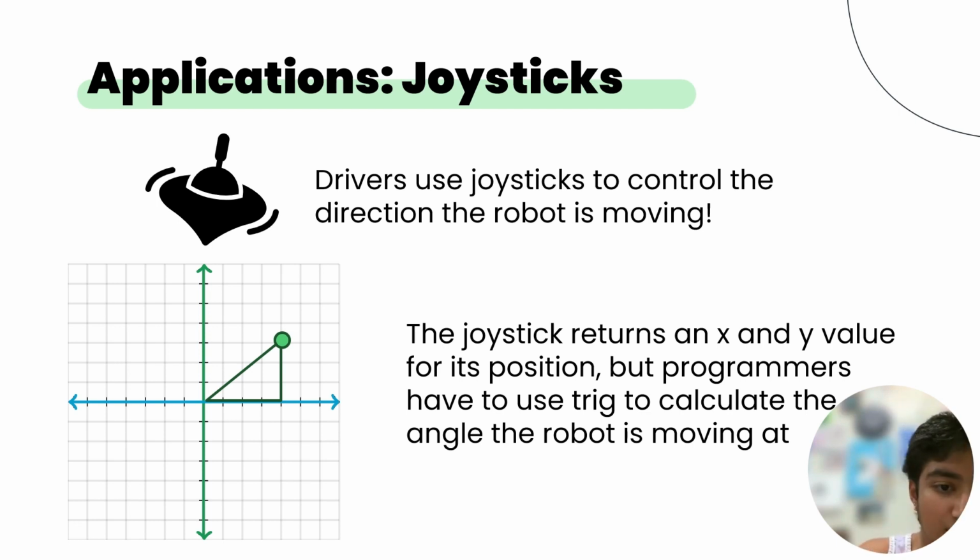So they know this value and they know this value, because this comes in terms of x and y. So that's what they know, but they do not know this, and that's where trigonometry comes in.